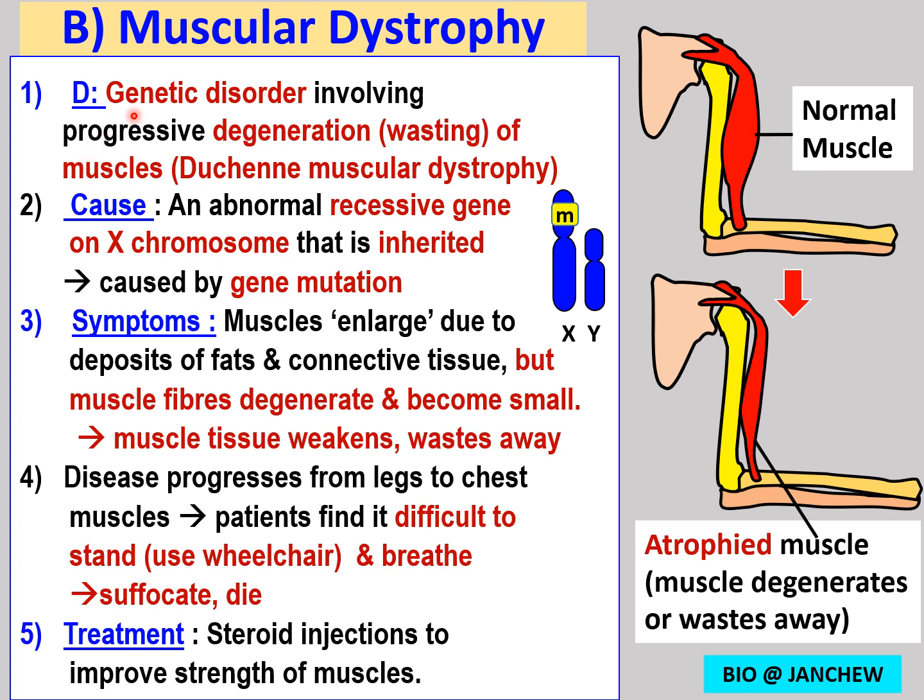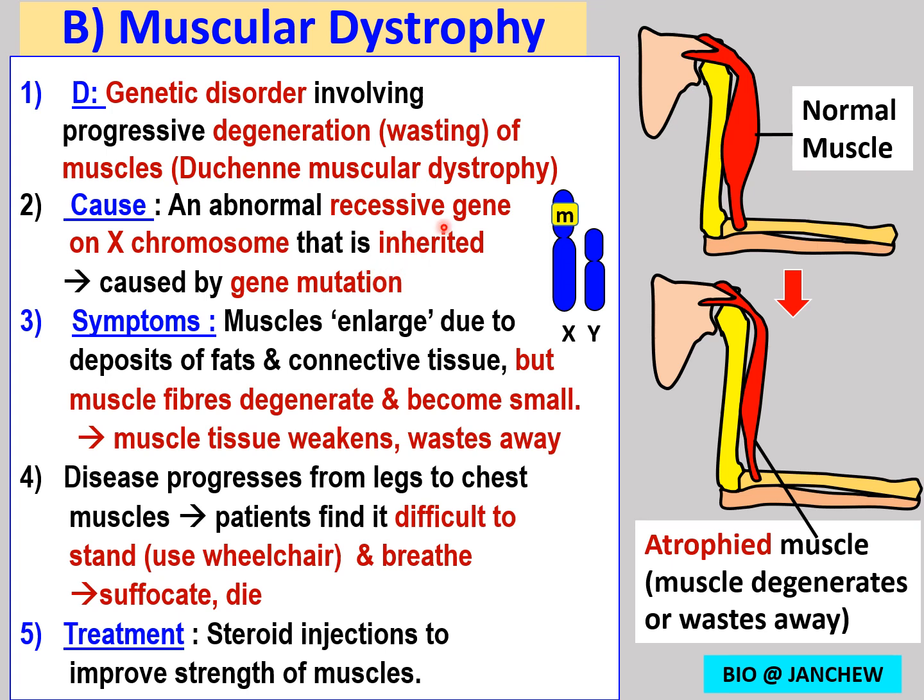So it is a genetic disorder caused by an abnormal recessive gene on the X chromosome, which is a sex chromosome, and this gene can be inherited, meaning that it can be passed down from the parents to the child.